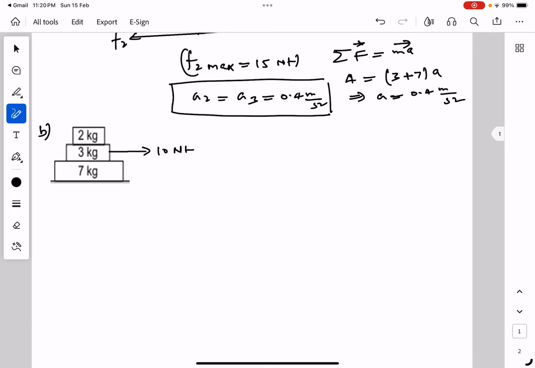Let us make free body diagram of the blocks. 3 kg block, 10 Newton force is acting in the forward direction, static frictional force from 2 kg block F1, static frictional force from 7 kg block F2, and since upper block of 2 kg has a tendency to slip in the backward direction, so static friction will act on it in the forward direction.